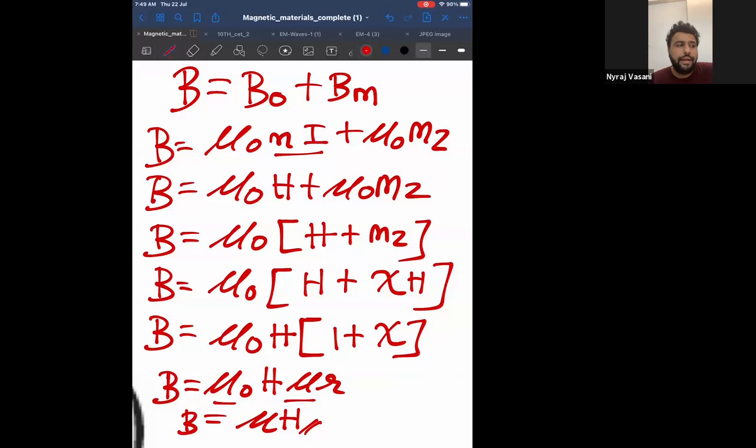Many times people ask in the question if H is given or B is given, I don't know how to identify, because H is also magnetic field intensity, B is also magnetic field. So I tell you how to identify. In the question, if the unit is ampere per meter, then that quantity is H. And if the quantity is Tesla, then it is B. Forget the wording.